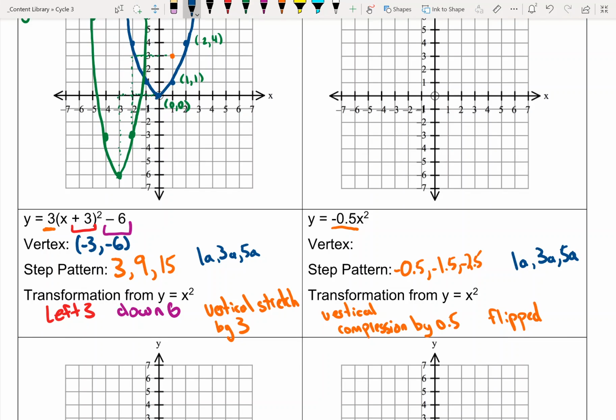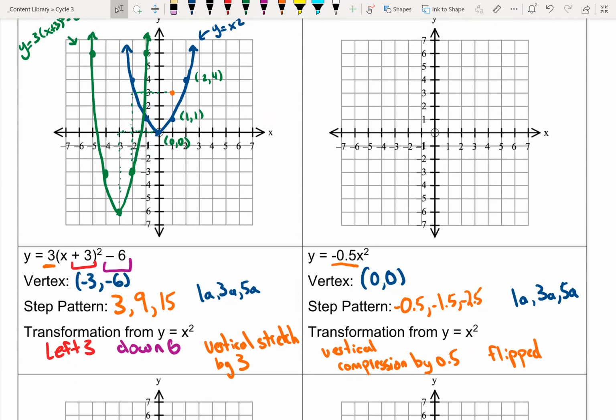Our vertex hasn't changed, since there's no up or down transformation, so our vertex is still (0, 0). That makes it a little bit easier to draw. Starting with our base graph, it will look something like this. Again, that's our base form, y equals x squared. The transformations always start from this one.